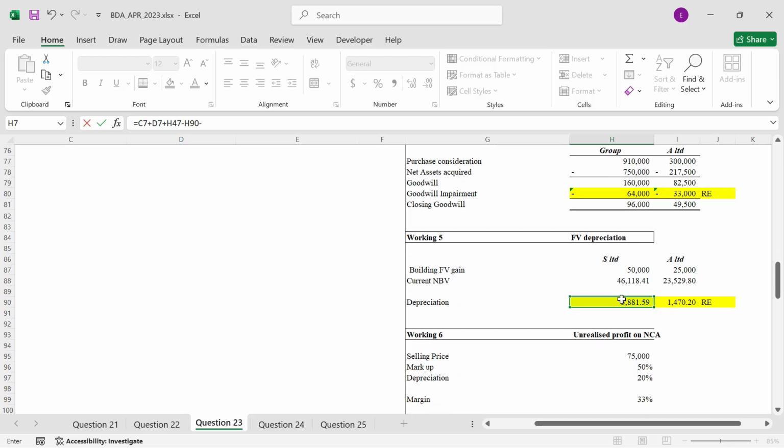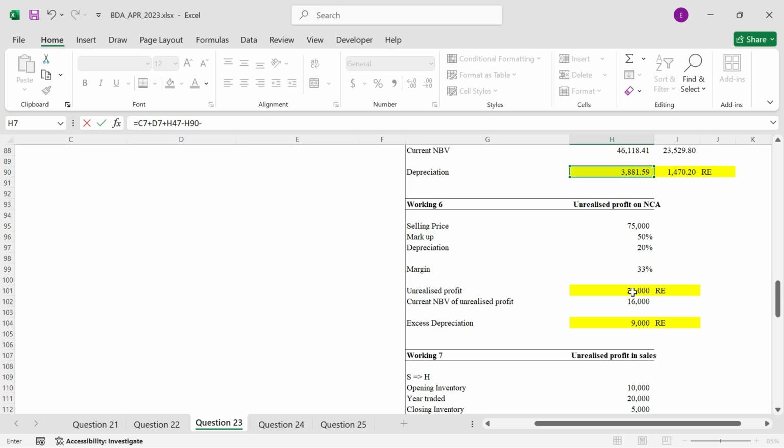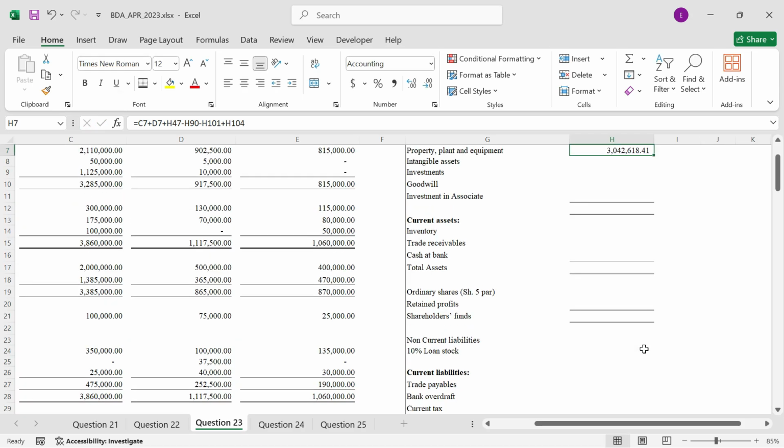I need to less again the unrealized profit of 25,000 and then add back the excess depreciation of 9,000. That will be 30,618.